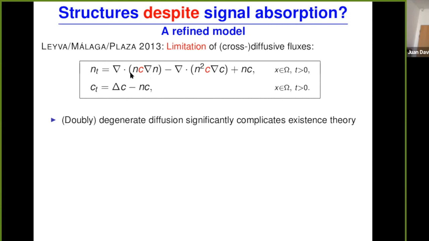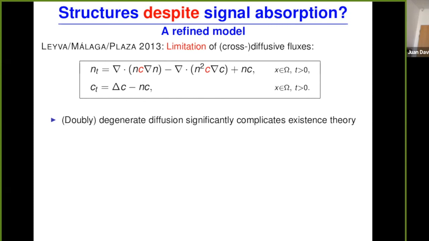So this is a diffusion operator which is containing porous medium type diffusion, n grad n in the flux, but then also C as a factor. So you may call it not only a cross diffusion problem, but also a cross degenerate parabolic problem.